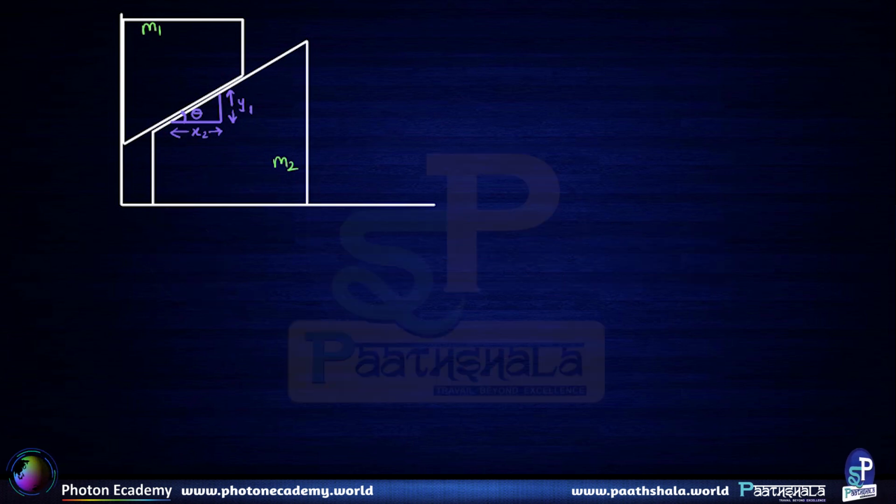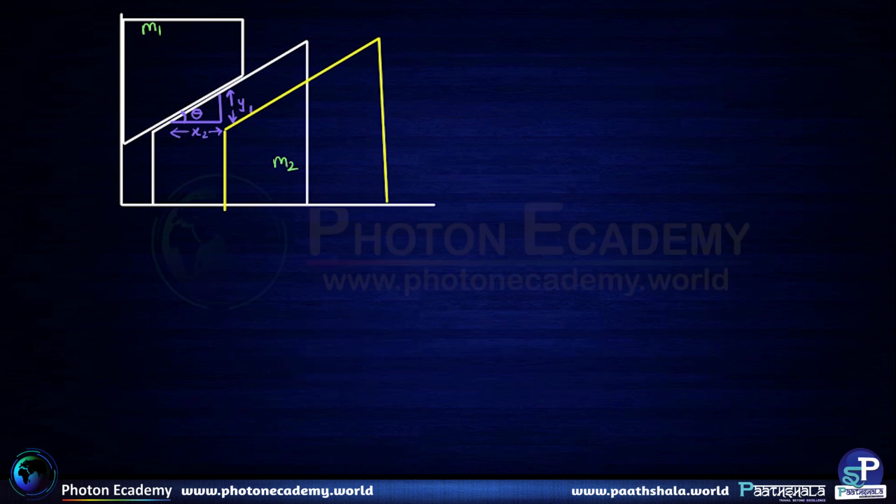So you can draw an alternative diagram and say that the block of mass m2 shifted towards the right hand side. Here the block of mass m2 is like so.